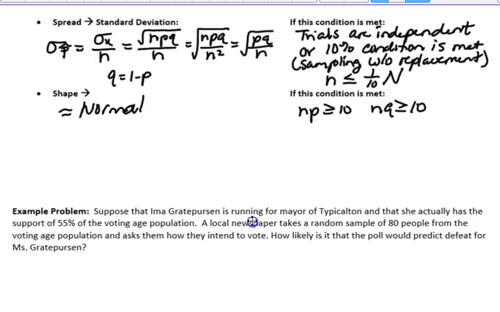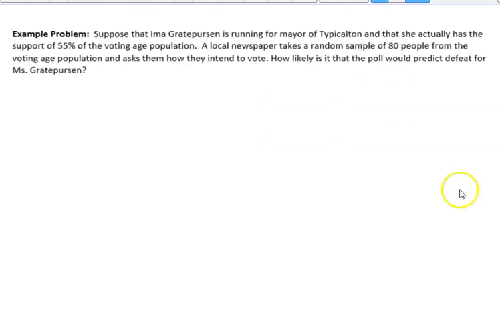So now if I'm looking at a problem here, for example, suppose that Ms. Great Person is running for mayor of Typical Town, and she actually has the support of 55% of the voting age population in Typical Town. A local newspaper takes a random sample of 80 people from the voting age population and asks them how they intend to vote. How likely is it that the poll would predict defeat for Ms. Great Person?